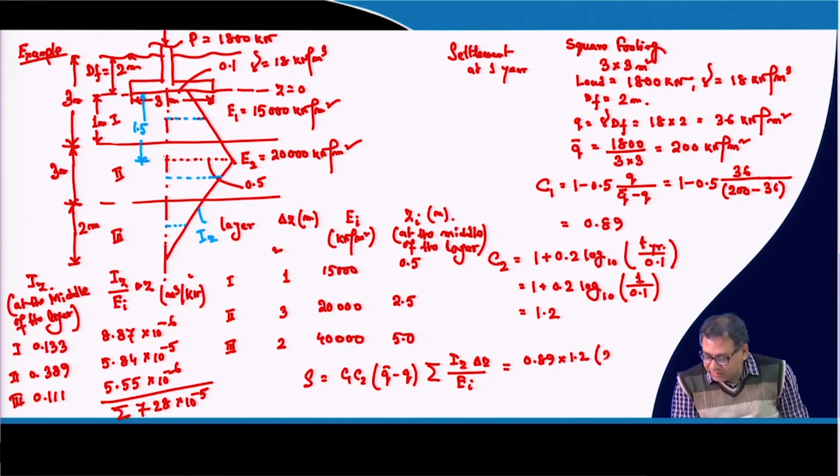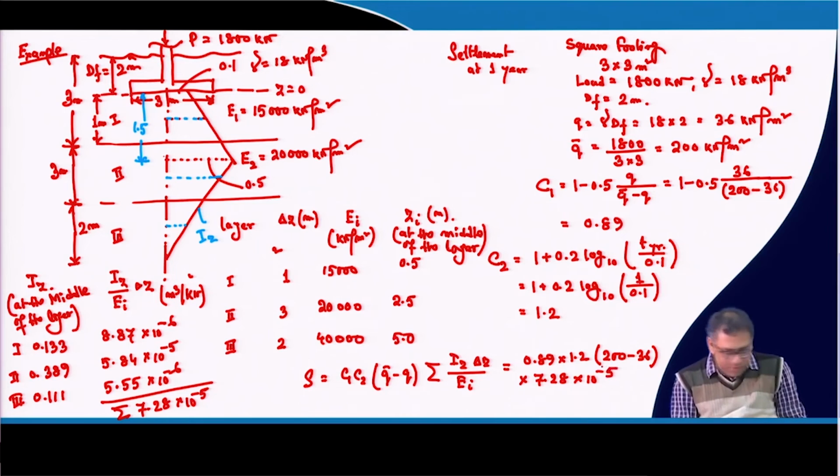The q bar is 200 minus 36, into 7.28 into 10 to the power minus 5. This means the settlement comes to 12.75 millimeter after 1 year.